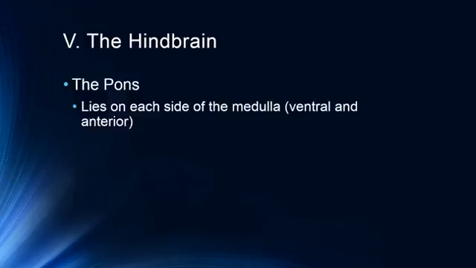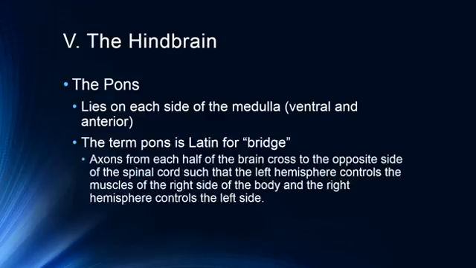Moving on with our discussion of the hindbrain is the pons. Pons lies on each side of the medulla. It's ventral and anterior of the medulla. The term pons is Latin for bridge, and in fact the primary function of the pons is the crossing over of information in the somatic nervous system.